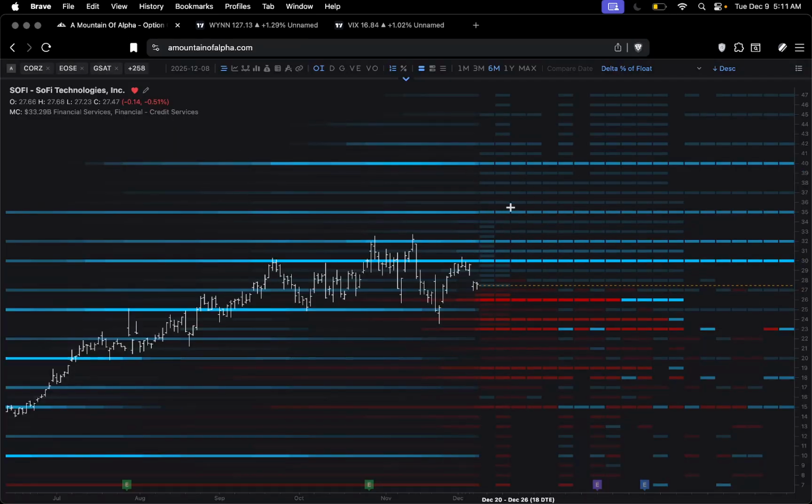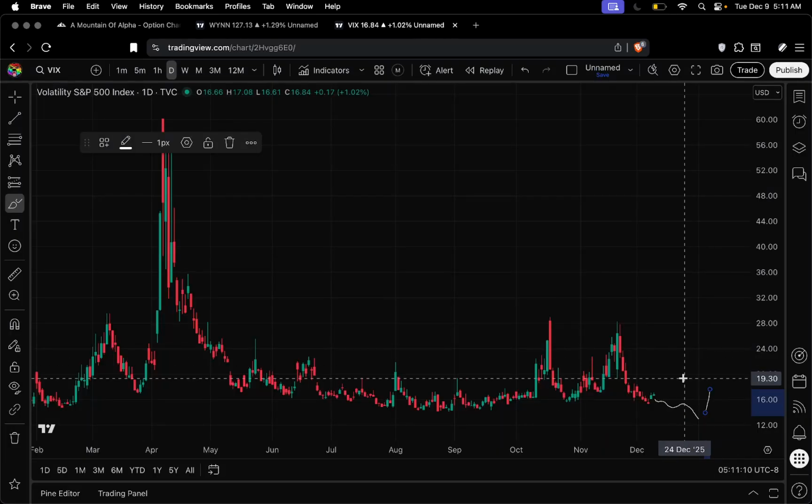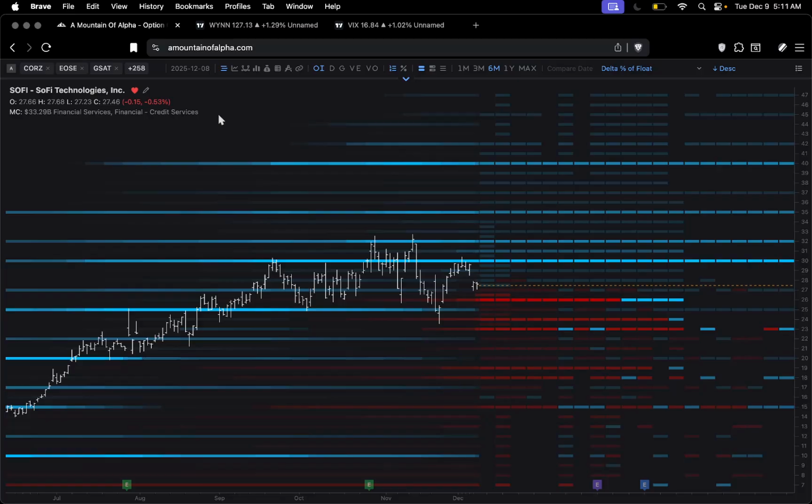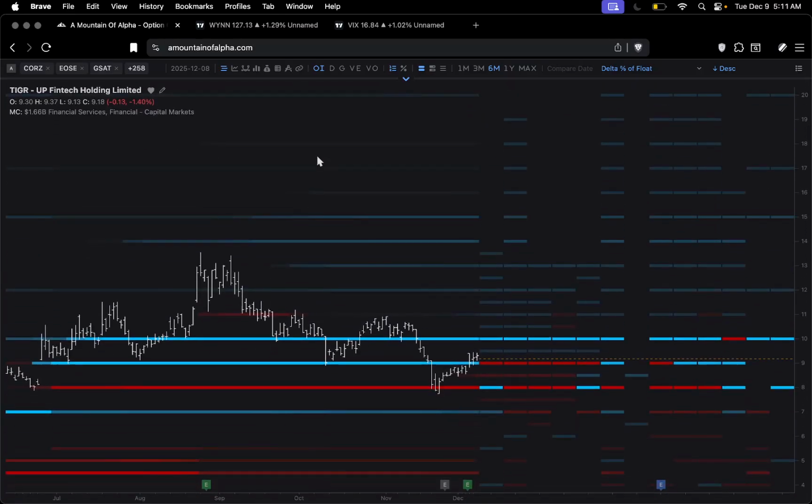All these calls will act as resistance, and you'll push lower into these support levels down here. So you do have to be aware of where you are in the volatility cycle relative to your expectations of how the distributions look on the graph.